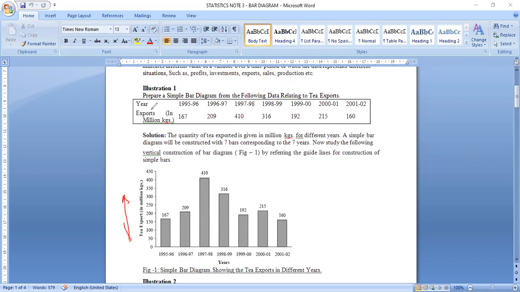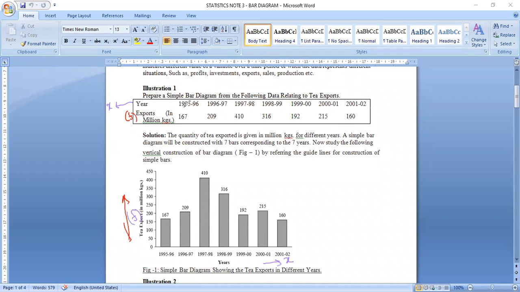Frequency means this is F, right? So here we have F. And this is X. X means here.